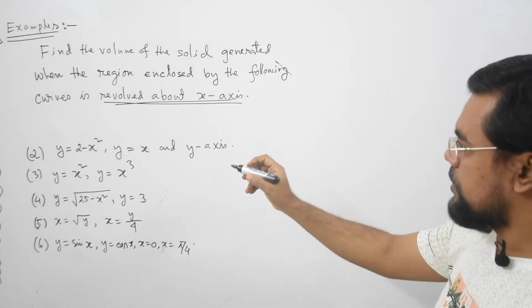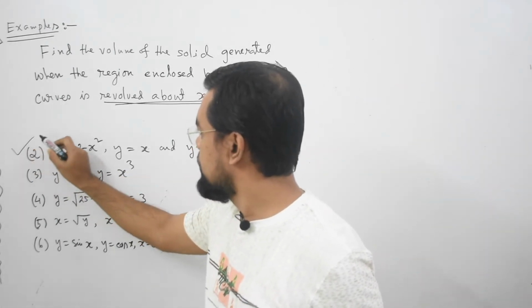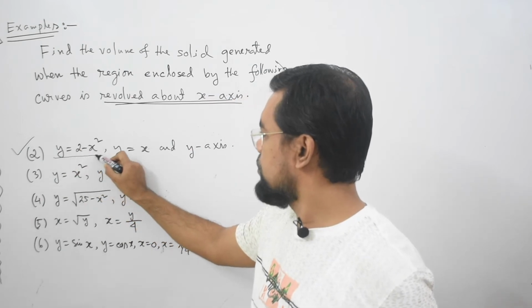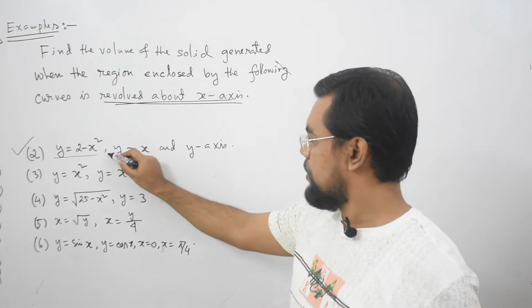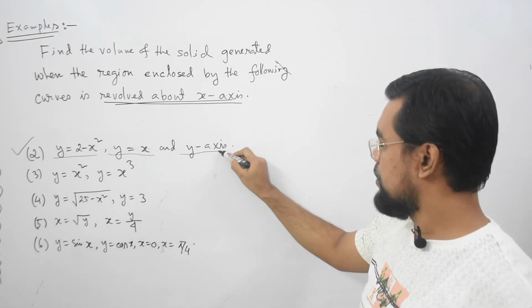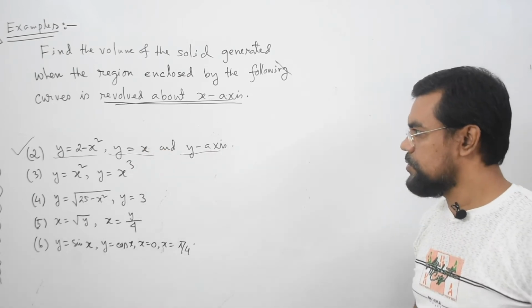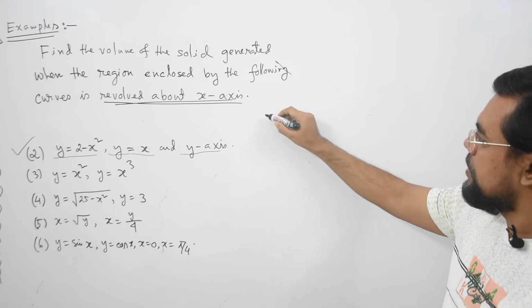So now let's try to understand example 2. Here we have two curves, y equal to minus x square plus 2 and y equal to x, and the y axis. So we have three curves.